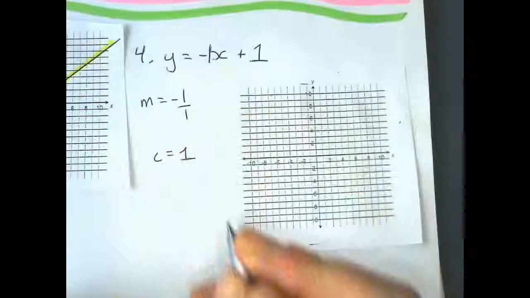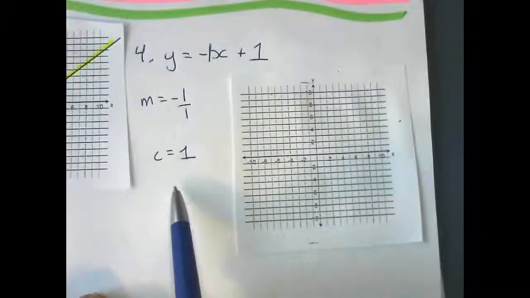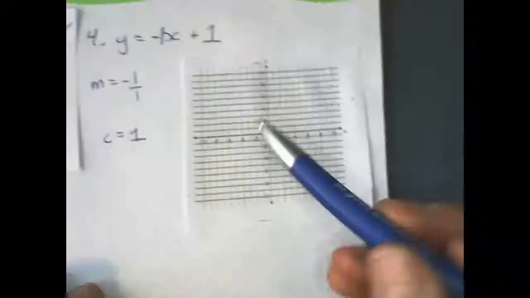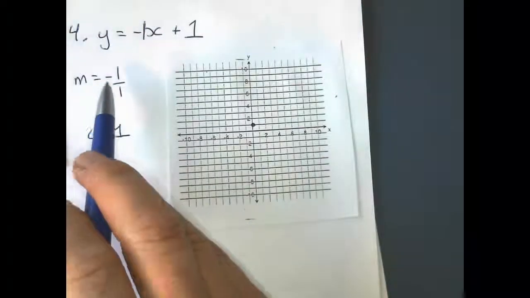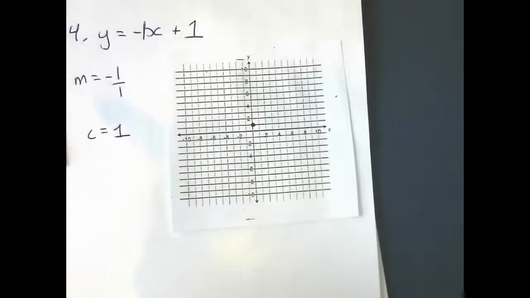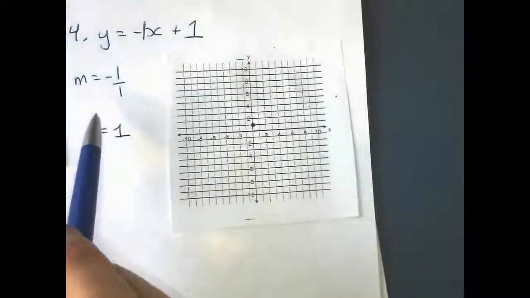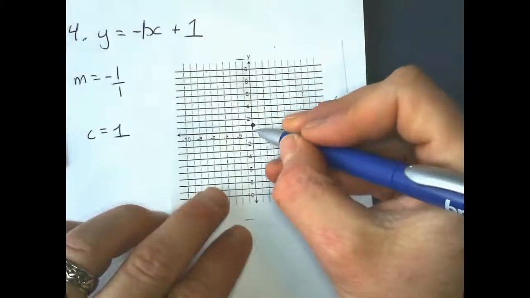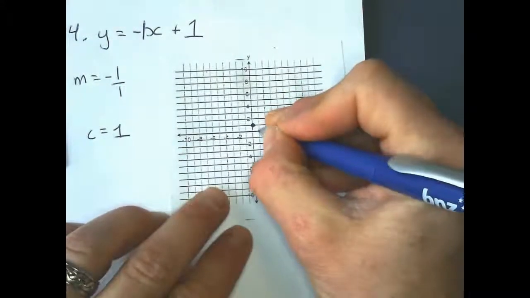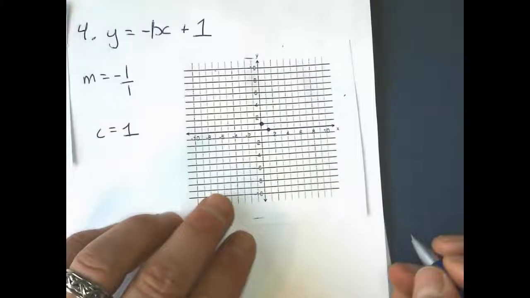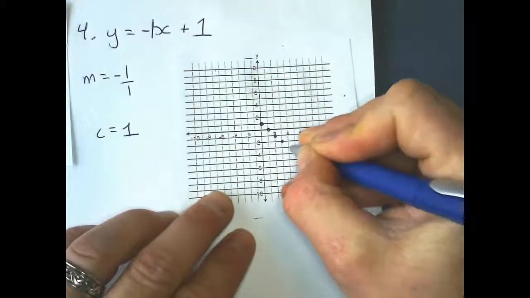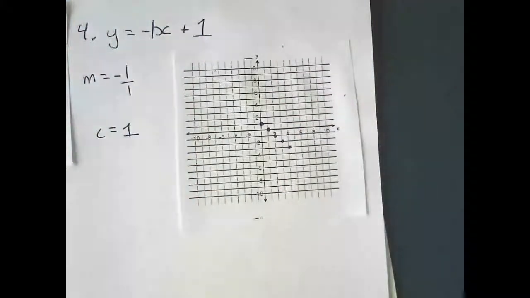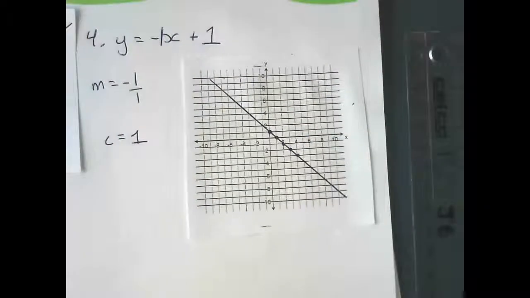And my y-intercept is +1 right here. So start with the y-intercept. That's 1. And my gradient won't tell me anything unless I have it written as a fraction. And a gradient of -1 over 1 means I go down 1 over 1. Down 1 over 1. And I can plot those points. It's a linear pattern, so I can just keep going there. And then I can rule the line.